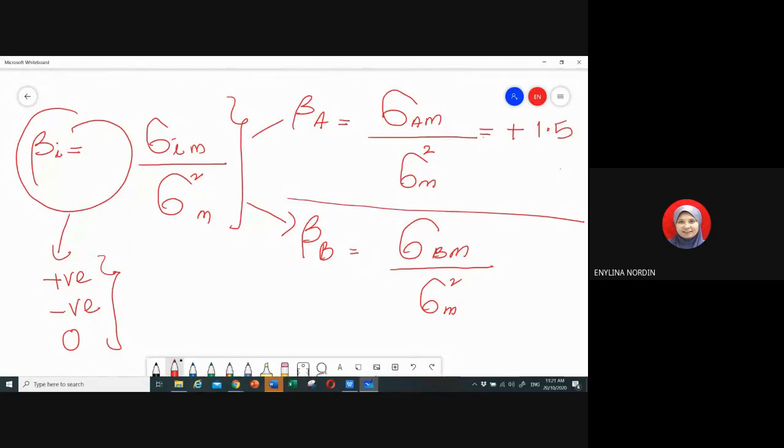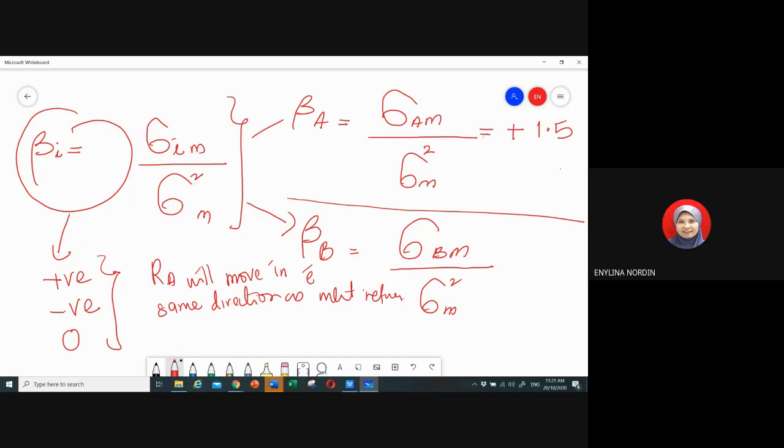Okay, positive sign shows that, if beta stock A is a positive value, that means return stock A will move in the same direction as market. Okay, that means market return lah, in other words, market portfolio's return.